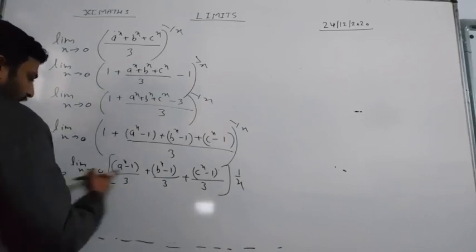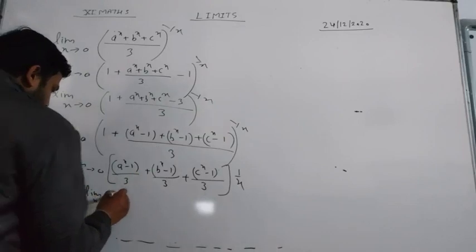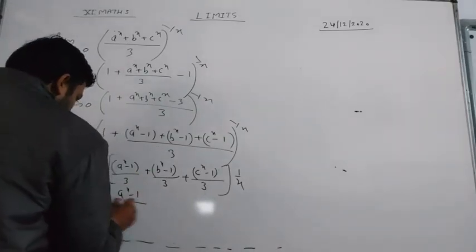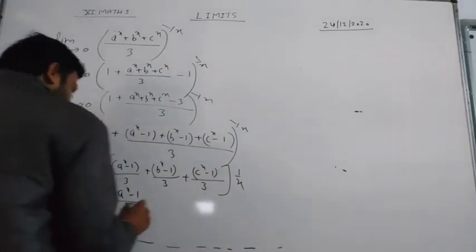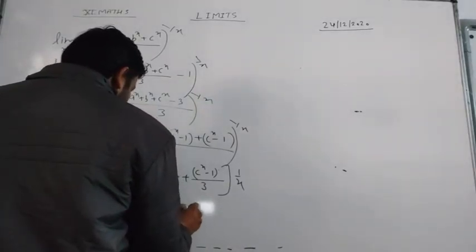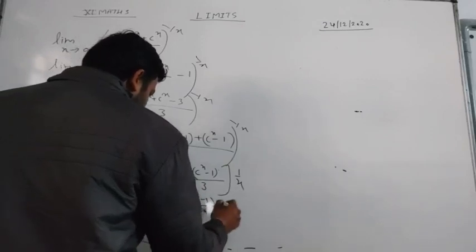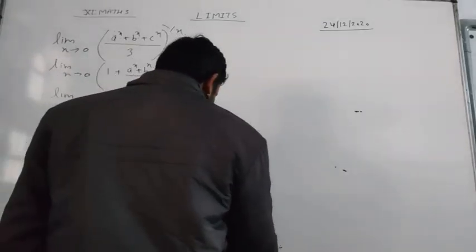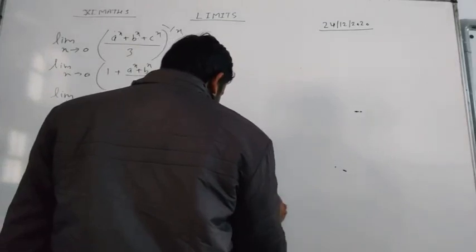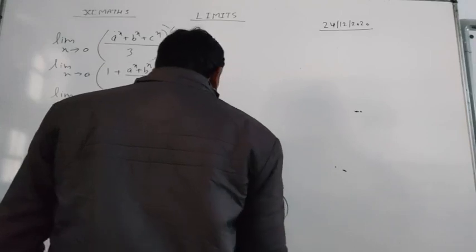Okay, now students, we write e to the power, we apply the limit inside: limit x tends to 0 (a^x minus 1) by 3x, plus limit x tends to 0 (b^x minus 1) by 3x, plus limit x tends to 0 (c^x minus 1) by 3x. Okay, student.